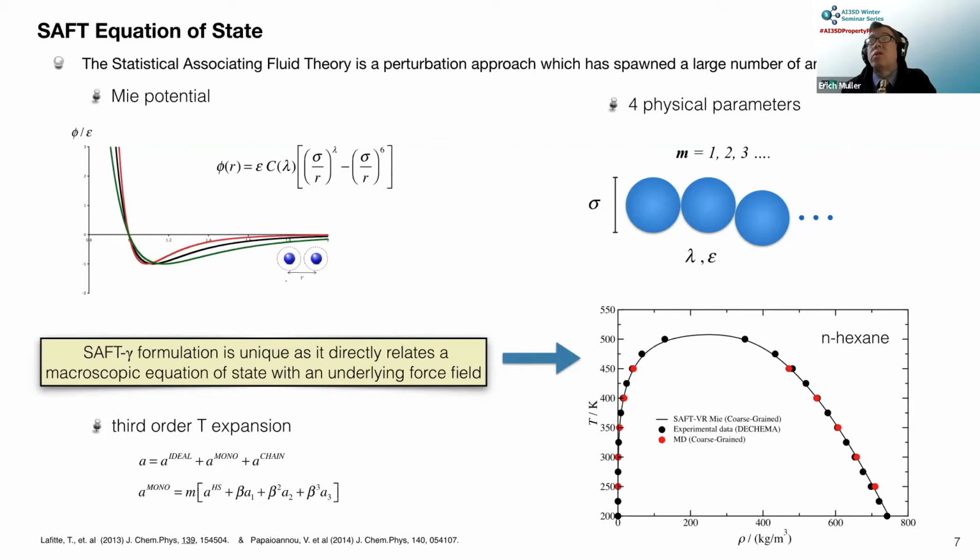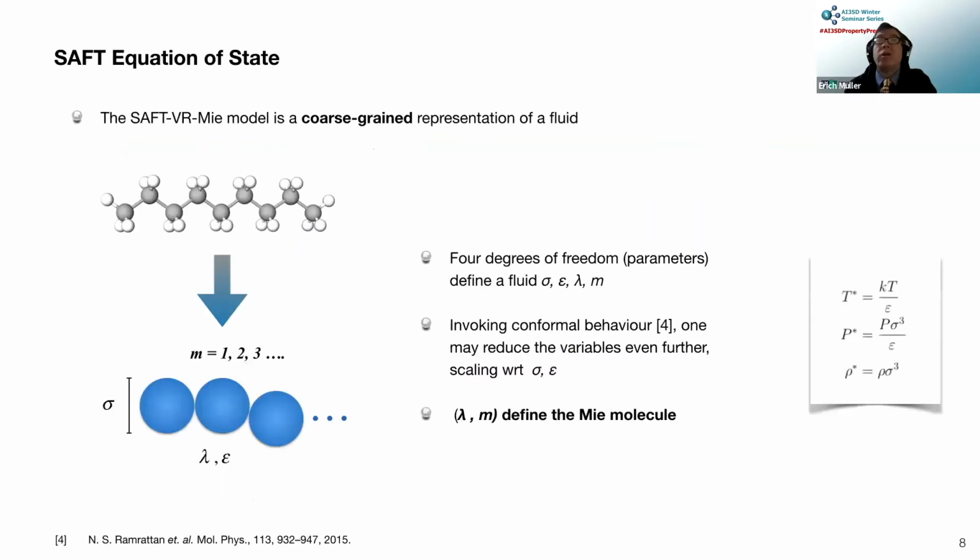The model, of course, is a very coarse-grained model of reality. Molecules are not simple spheres, and there's an underlying assumption that the model is somehow coarse-graining the actual atomistic representation of molecules. And so a molecule like nonane, for example, would be modeled as a collection of 3 beads, and each of these beads is characterized by, as I mentioned, the size and energy values, sigma and epsilon, and a lambda discussing the range of the potential.